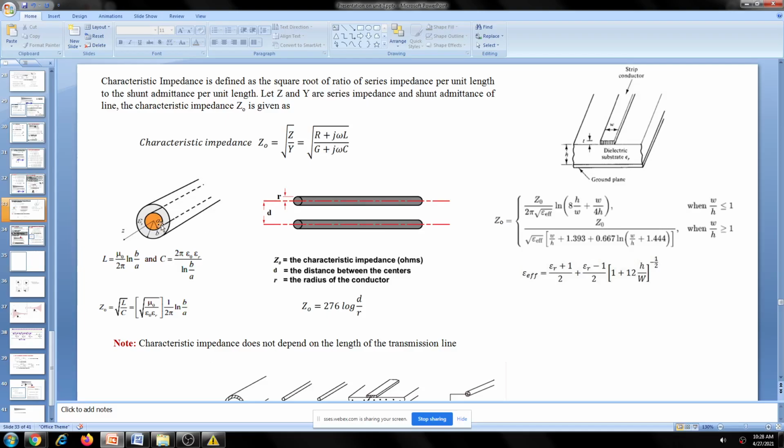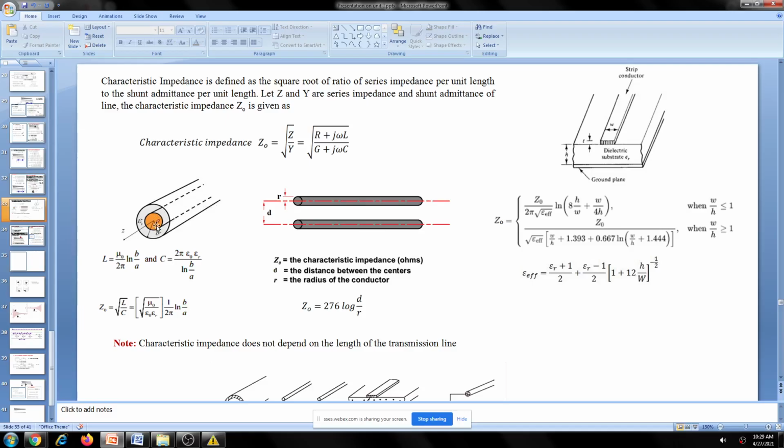Based on the values of a and b of that particular coaxial cable, a and b are not standard. They may be different. Depending on the frequency, a and b will change. Even though this structure is a coaxial cable, if a and b change, then Z0 also changes. It is not constant for a given coaxial cable.